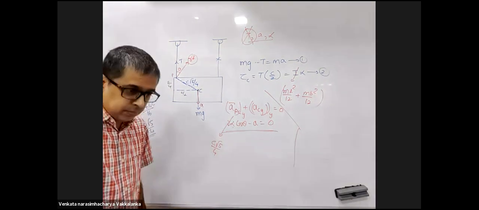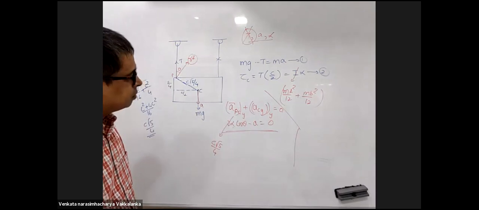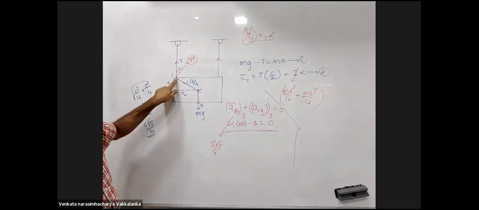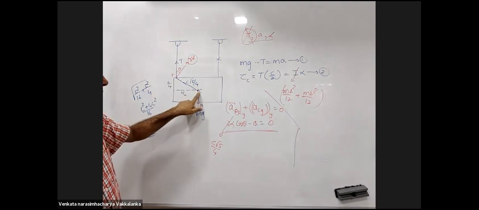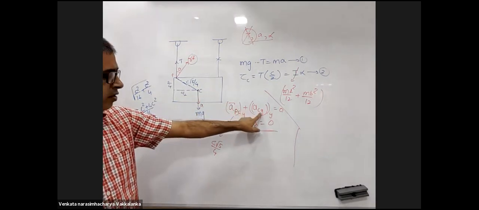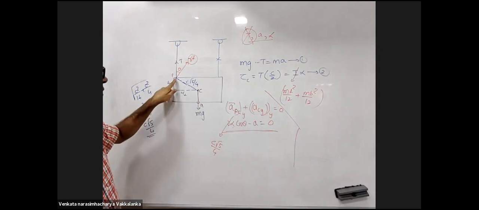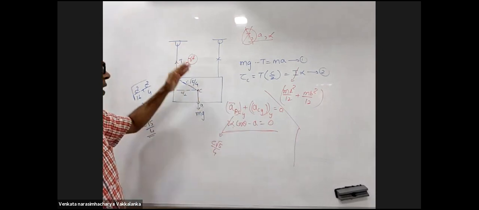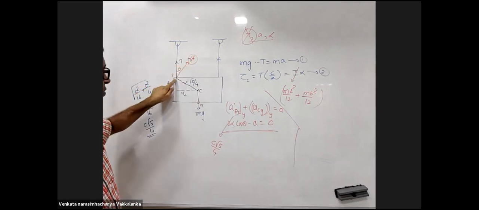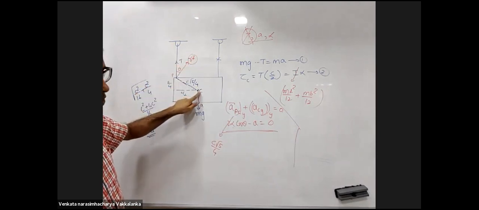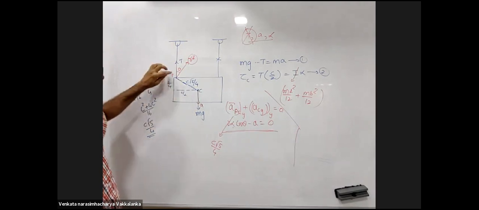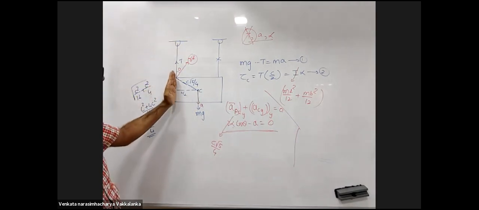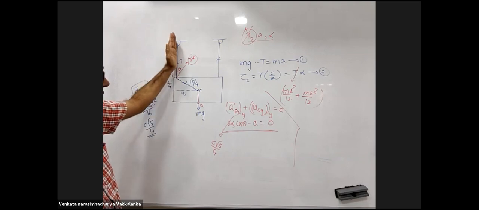Sir, can you please repeat that part where you have calculated acceleration of point P with respect to center of mass? Acceleration of point P with respect to center of mass plus acceleration of center of mass with respect to the ground is acceleration of point P with respect to ground. But R alpha will be the acceleration of point P with respect to center of mass. Yes. And I know that acceleration of point P is equal to 0 only if it is along the length of the string.